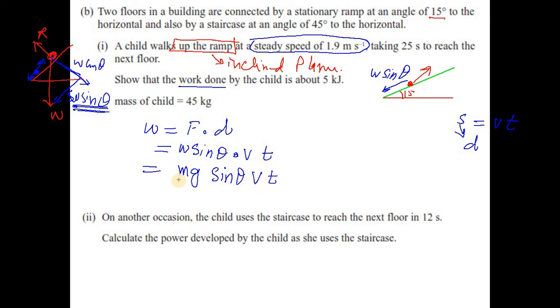You plug in all the values. Mass is 45, g is 9.81, theta is 15, V is 1.6, and T is 25. Plugging in all the values, you multiply it, then you have the work done equal to around 5429.25.